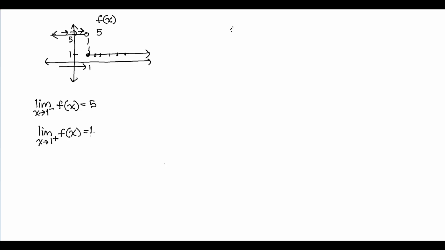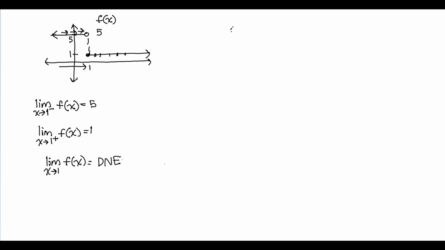However, these two limits are not in agreement. From the left it's going to 5, but from the right it's going to 1. That means the actual limit of f of x does not exist.